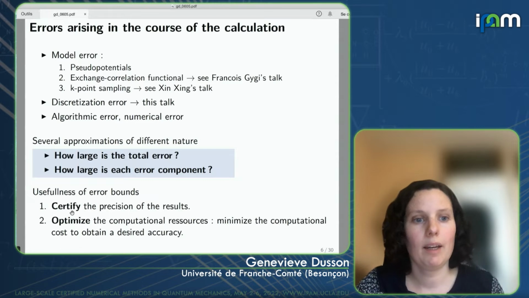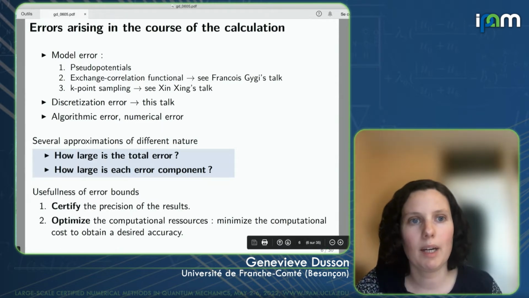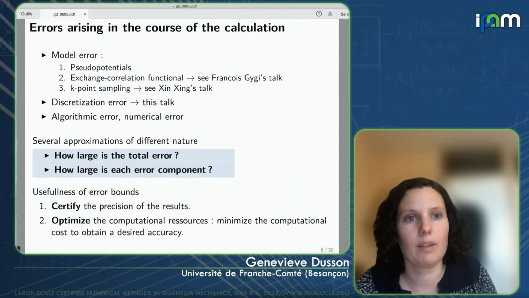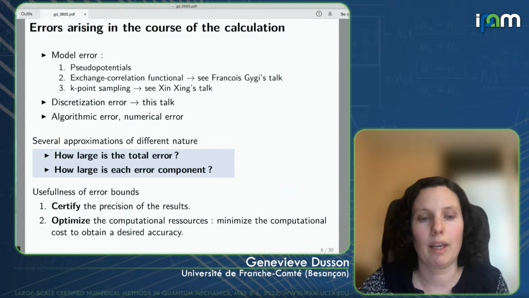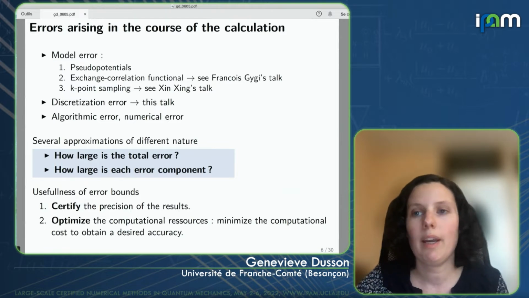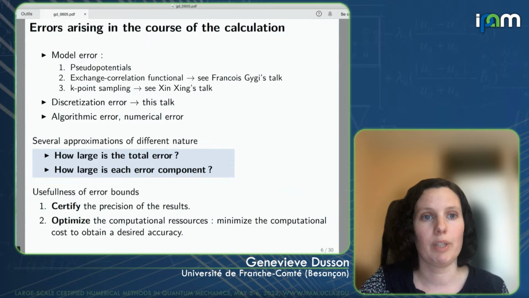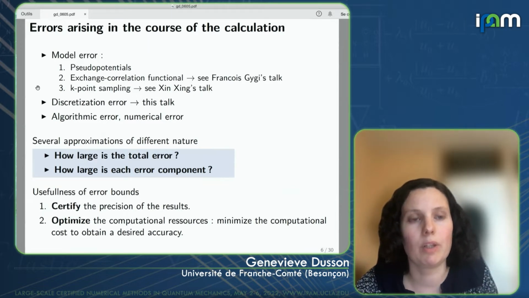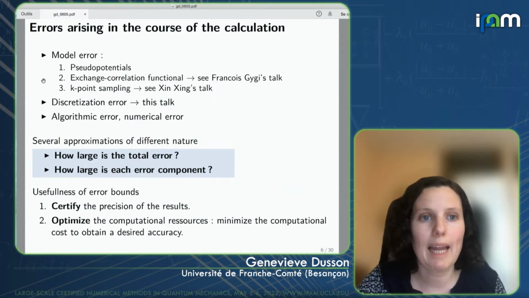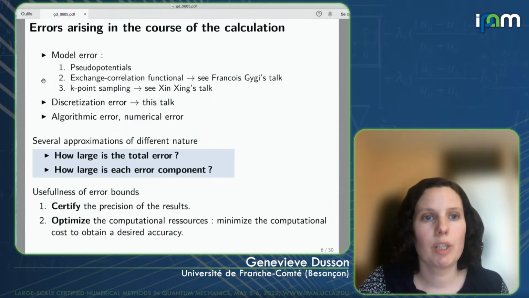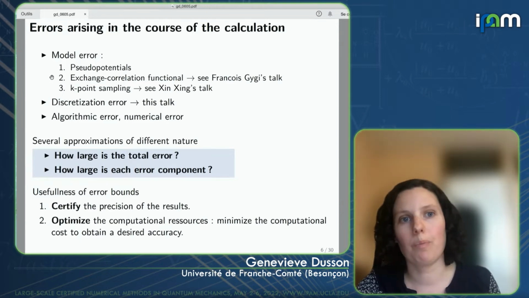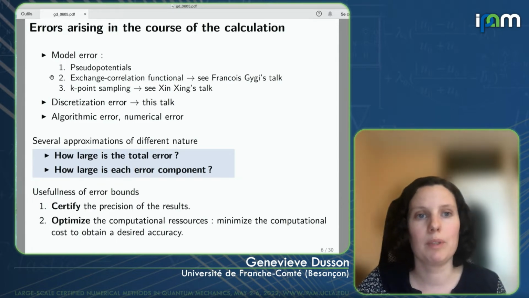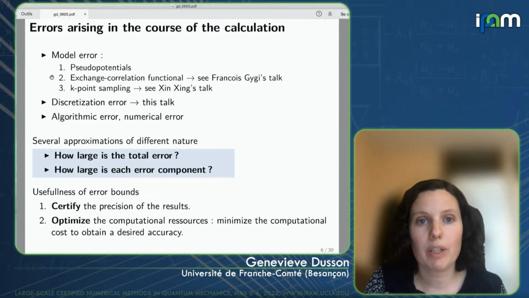Okay, so between the solution of the problem we are looking at and the computed solution, there are several approximations of different natures. To detail them a little bit, we have first what I call the model error, which contains, for example, the errors coming from using pseudopotentials and a particular choice of exchange-correlation functional.